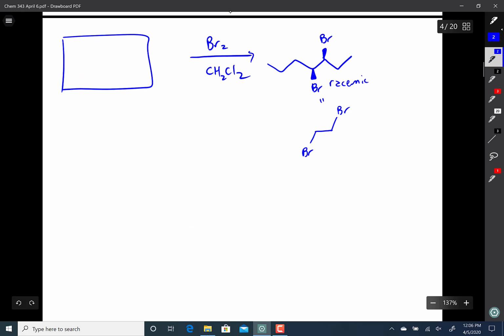So you draw them anti-coplanar. When you do so, this ethyl group is a wedge. This propyl group is a wedge. Both of them are wedges. So the alkene would be a cis alkene.